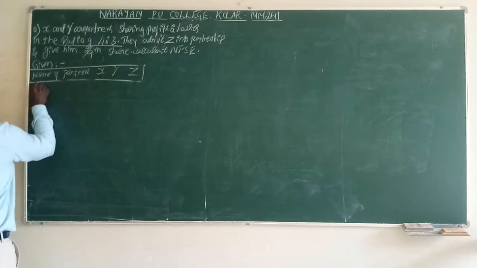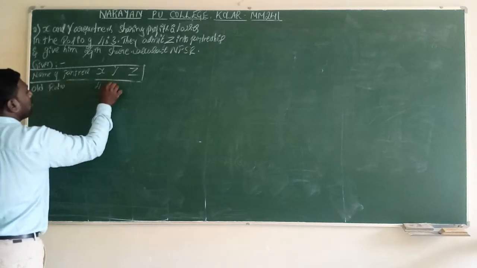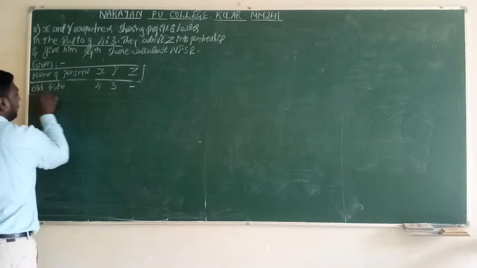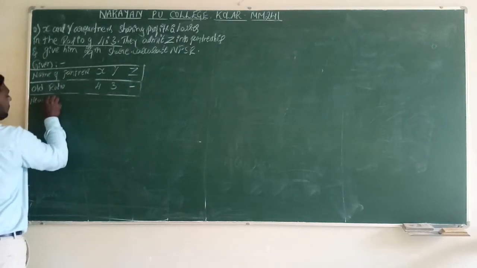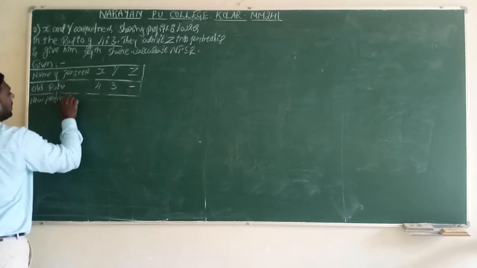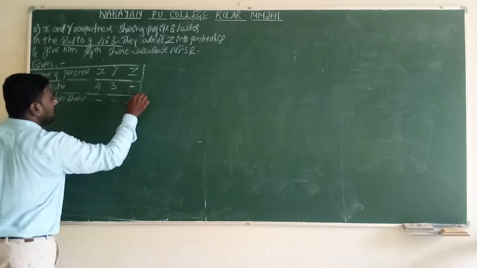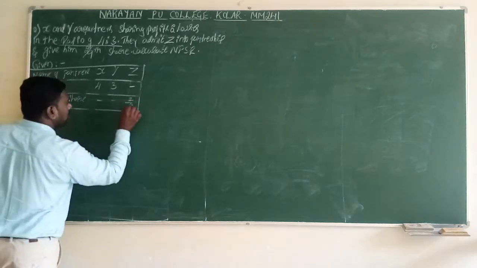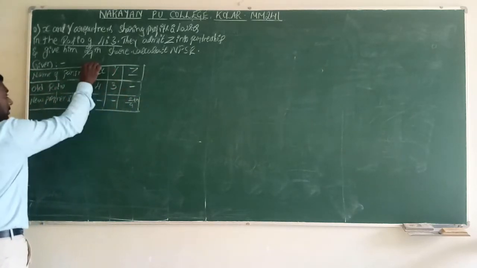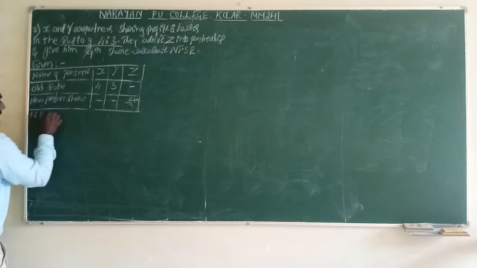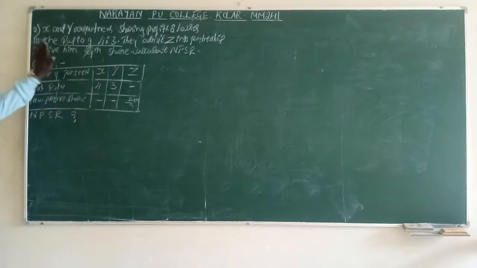Here the old ratio that is given is 4:3, Z is hyphen. Instead of that, the new partner share is 2 divided by 9 portion. Now we have to calculate NPSR, that is a question mark. So this is the information which is available in our question.